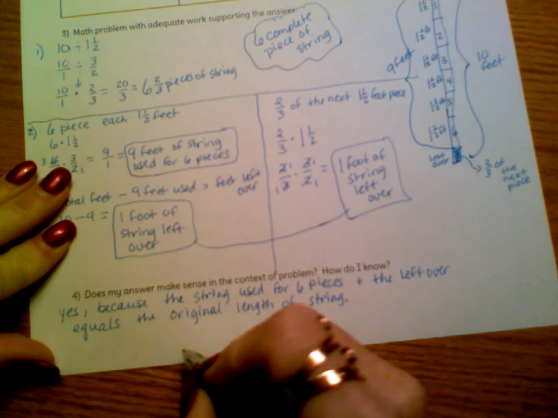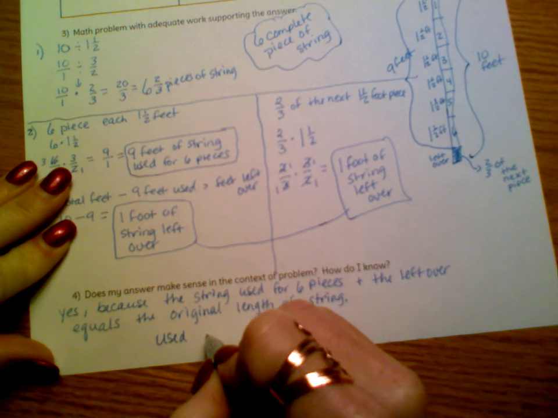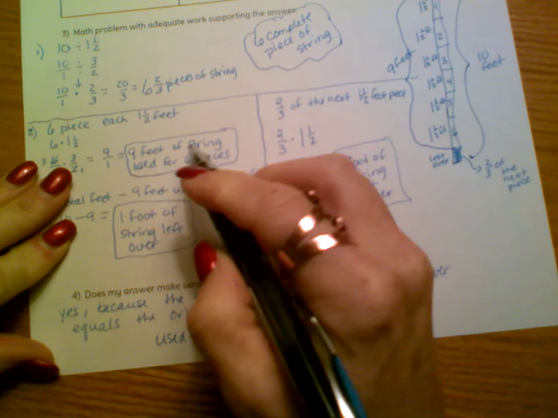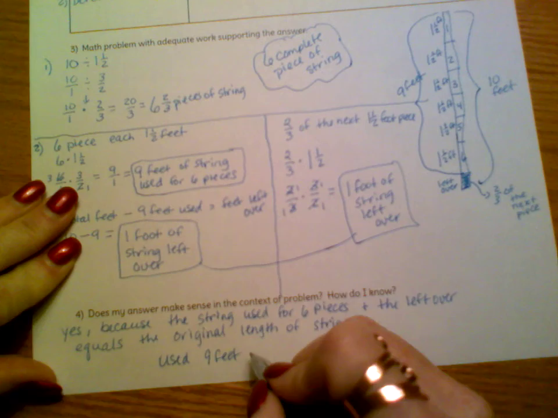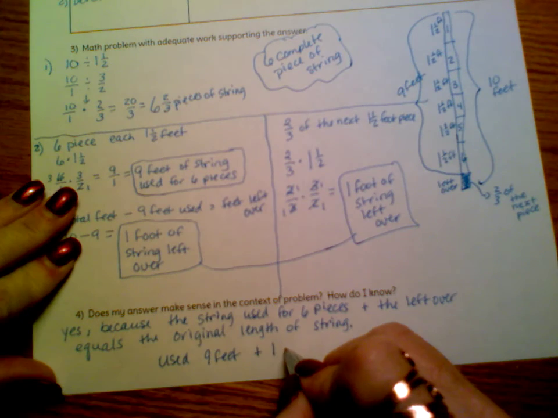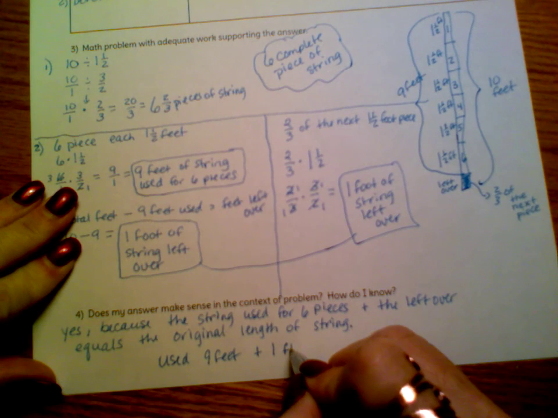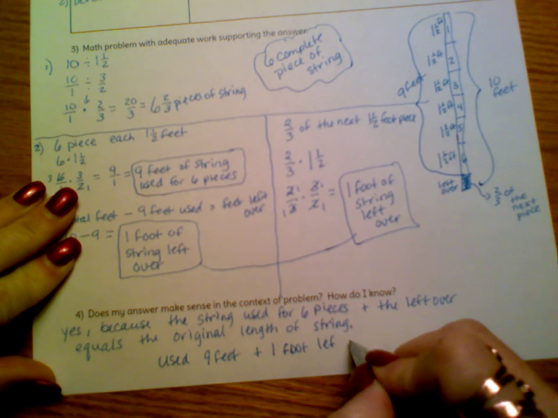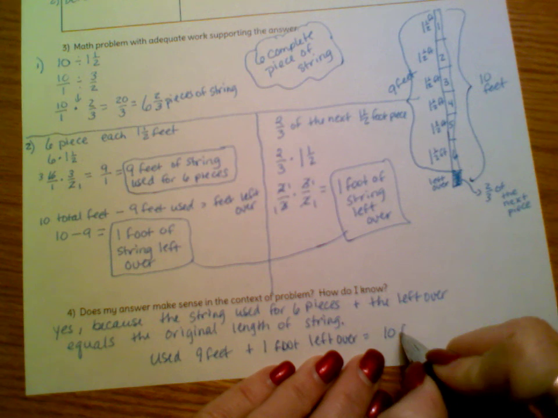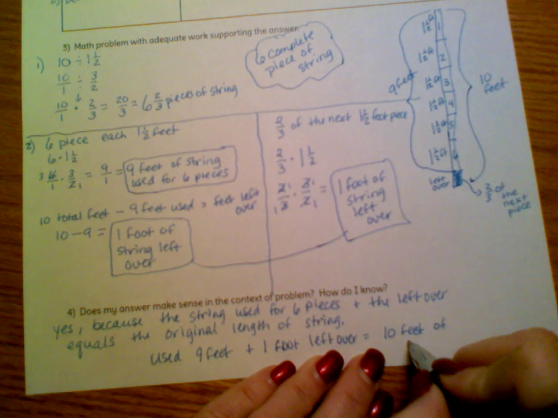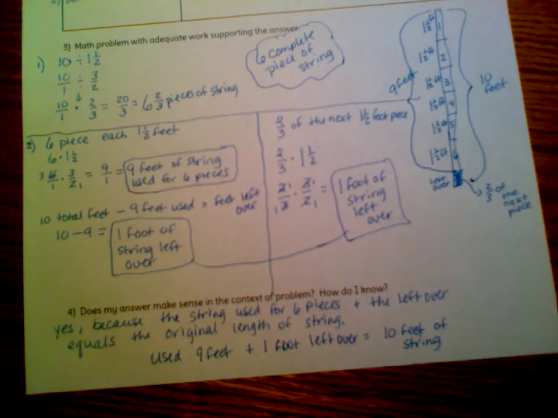So if we go back, we know we used 9 feet of the string. We figured that out right here. Plus what's left over, there was 1 foot left over. That equals back to the 10 feet of string. So this does all make sense that I got that answer.